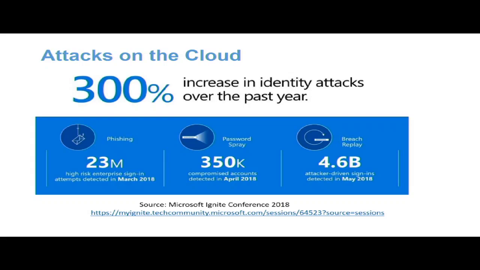We're going to cover password sprays a bit more in depth in a minute. And then 4.6 billion sign-in attempts detected in a single month. Breach replay, also referred to as credential stuffing, is where threat actors or attackers take a bunch of usernames and passwords that have been disclosed in data breaches, and they replay those for other services.